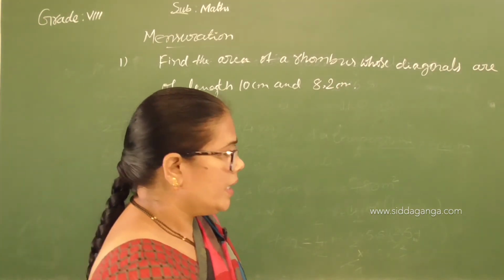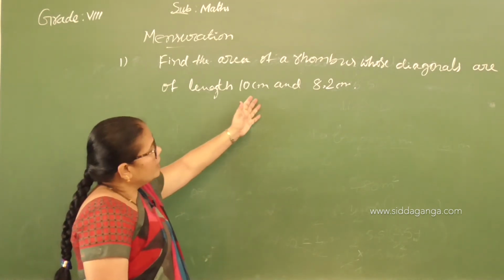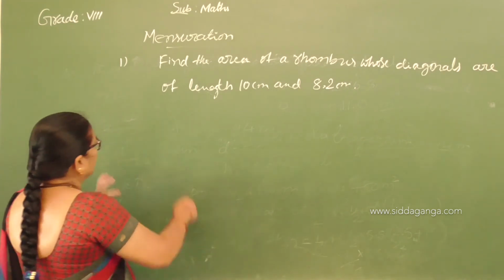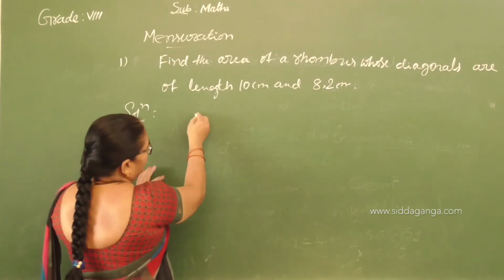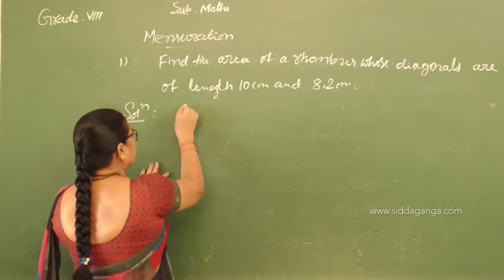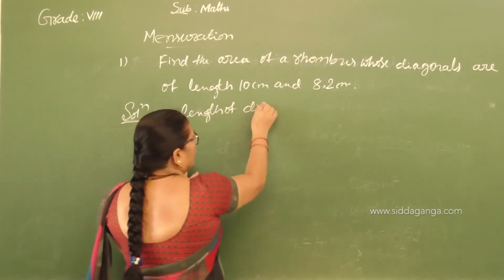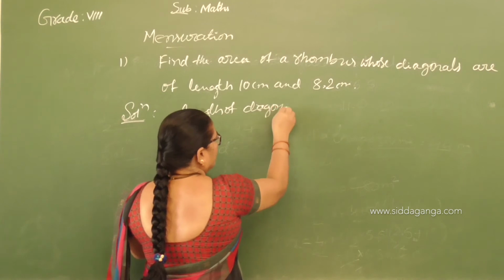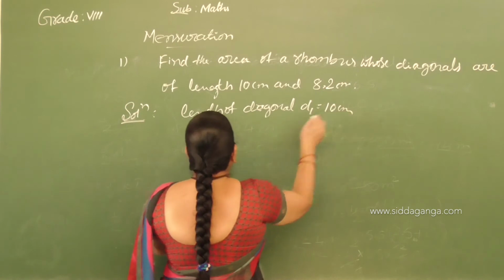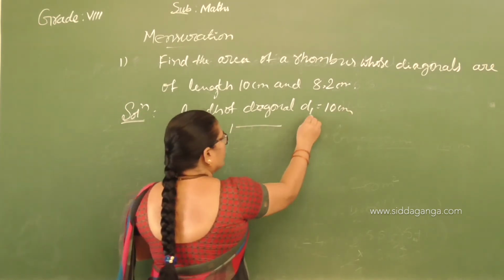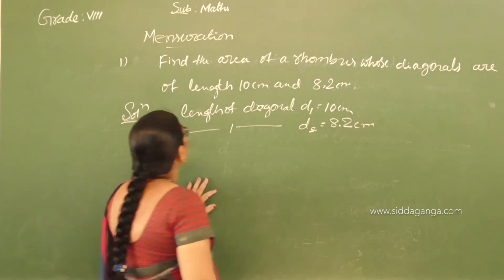Already we know about the area of the rhombus. Here lengths of the diagonals are given. Solution: length of diagonal D1 is equal to 10 centimeter and length of diagonal D2 is equal to 8.2 centimeter.